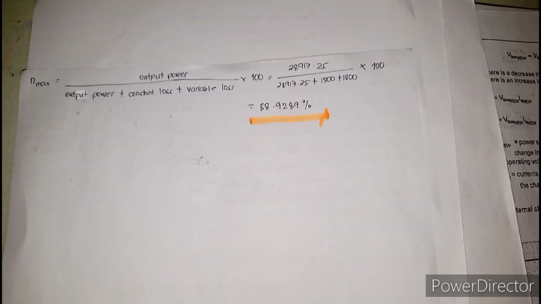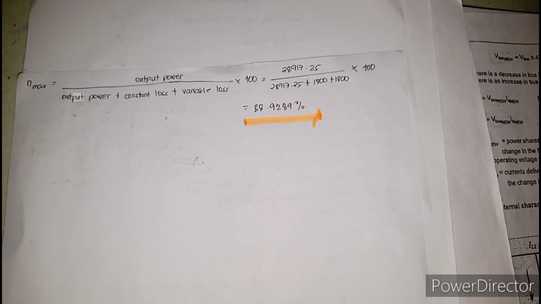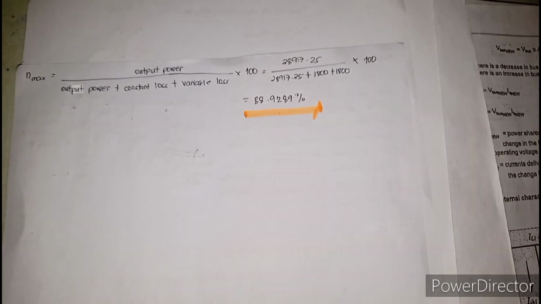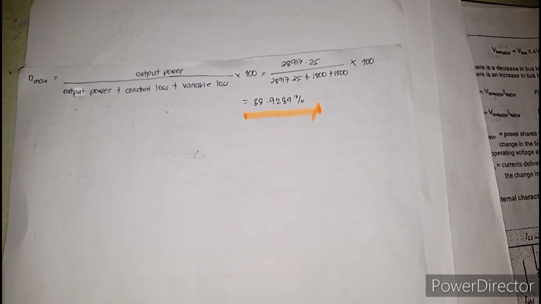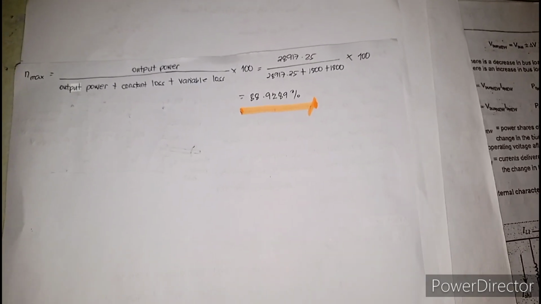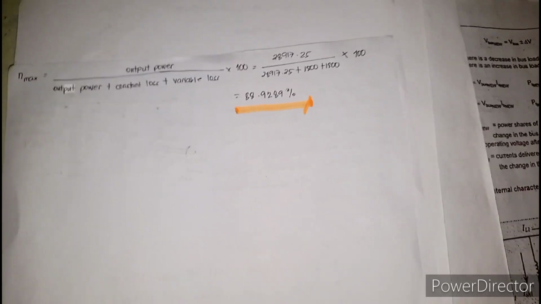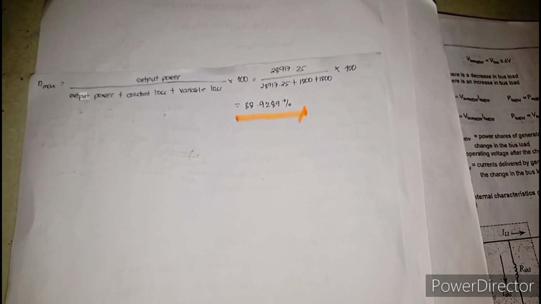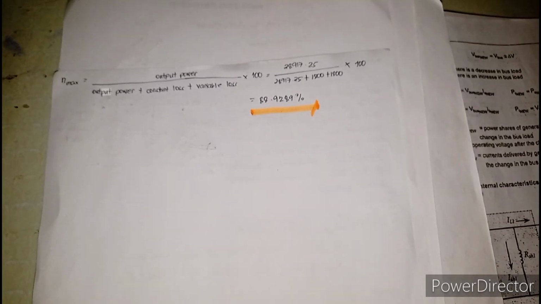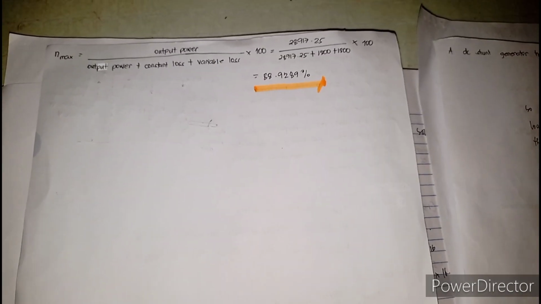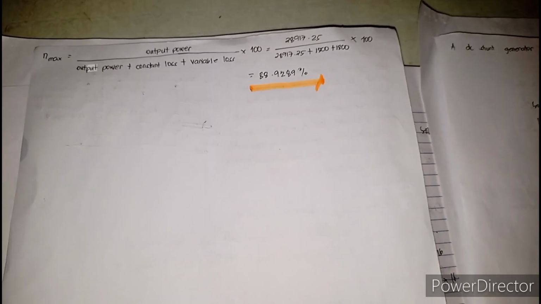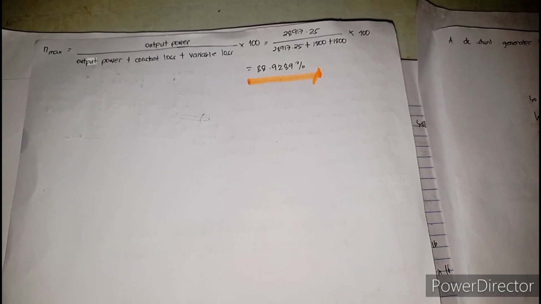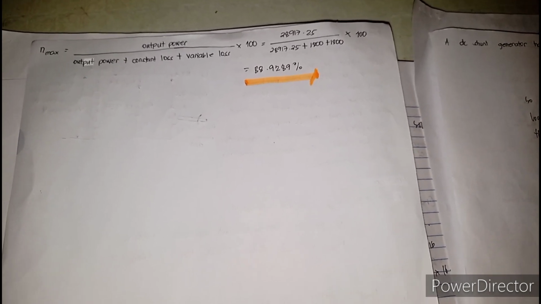The output power is 28,917.25 over 28,917.25 plus the constant loss, which is 1,800, and the variable loss, which is also 1,800. We multiply by 100, and the answer we get is 88.9289%. So that is our maximum efficiency, 88.9289%.